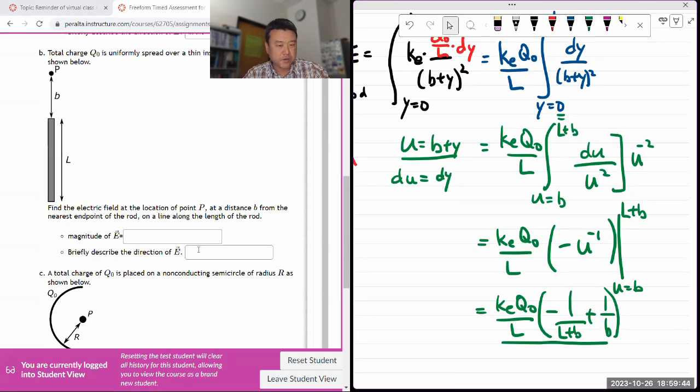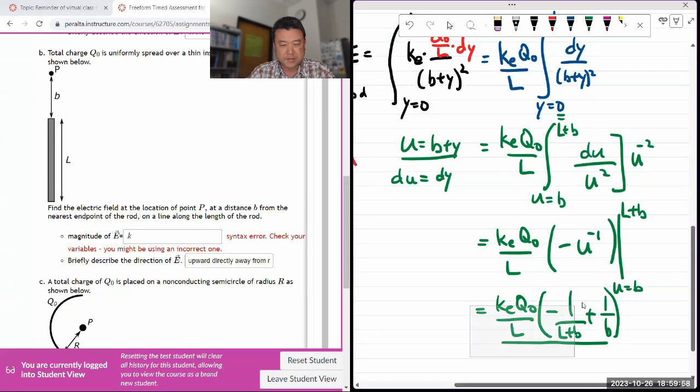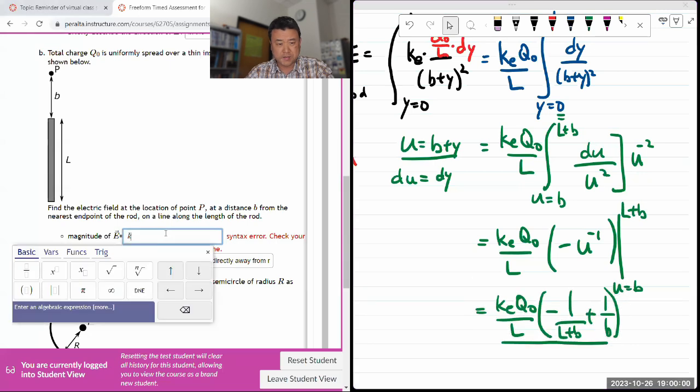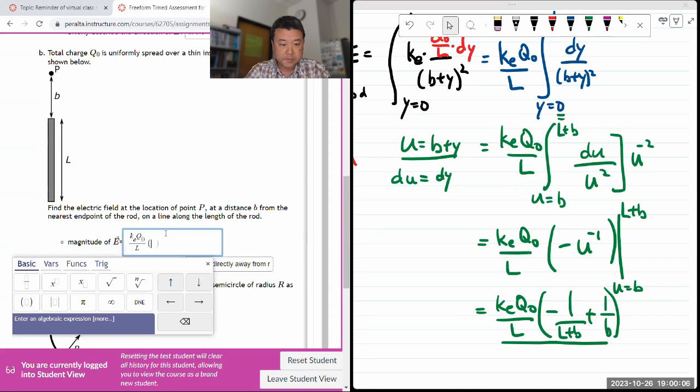I know the direction of E, so I'll just say the direction of it is upward, directly away from the rod. And the magnitude of E, I think that's actually correct. So I did verify this is going to be positive, so let me just plug in that positive expression. K Q naught over L times 1 over b minus 1 over L plus b.